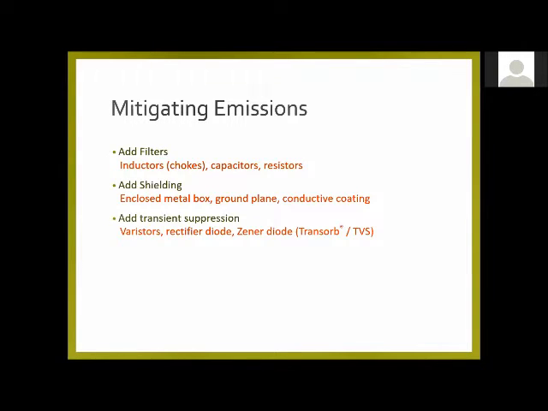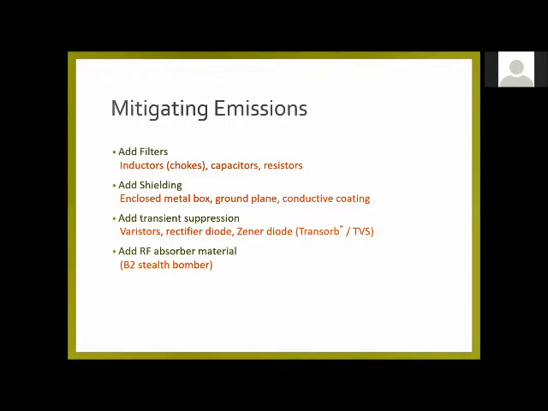We can add transient suppression for transient type noise. Those usually are comprised of varistors, which are not semiconductor devices. They are zinc oxide resistive devices. Or rectifier diodes or Zener diodes, which are semiconductor devices, typically known as transorbs or TVS devices.